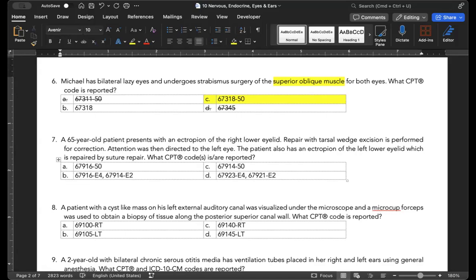So before we even go look at codes, there's two that we can rule out. Any guesses which ones we can eliminate?